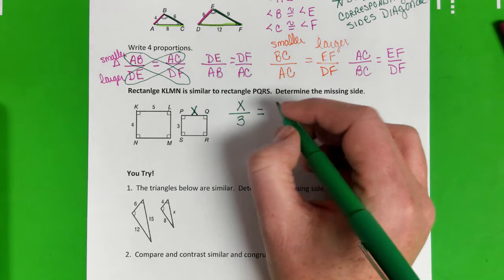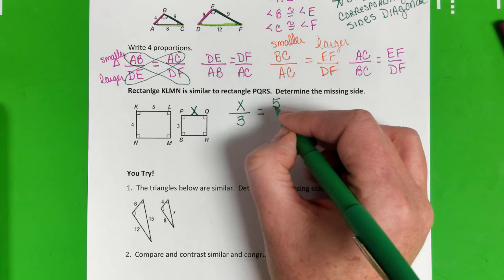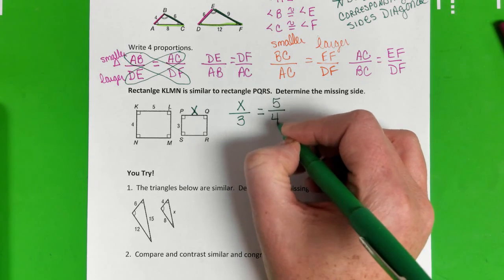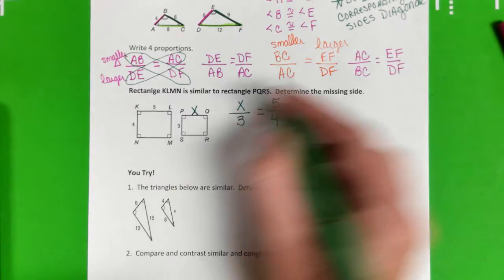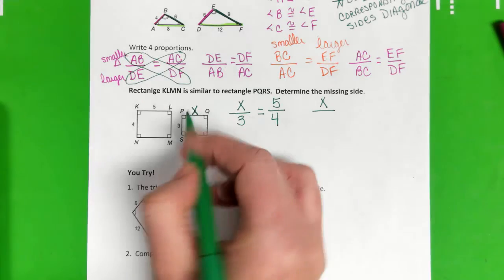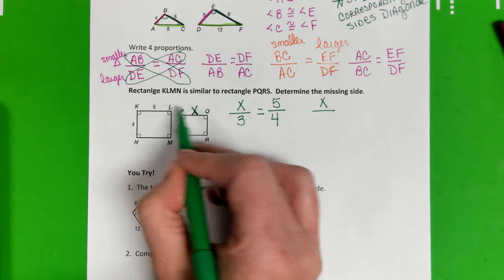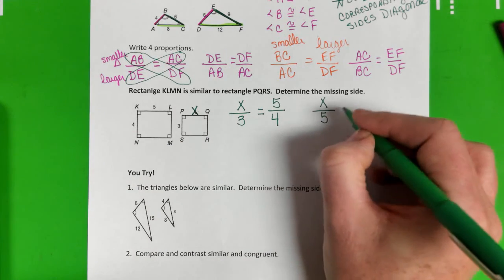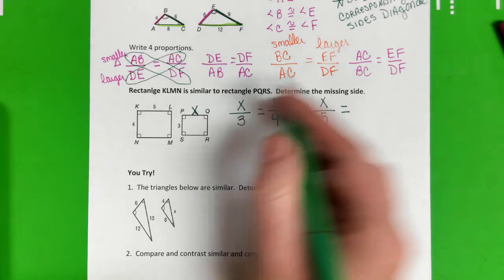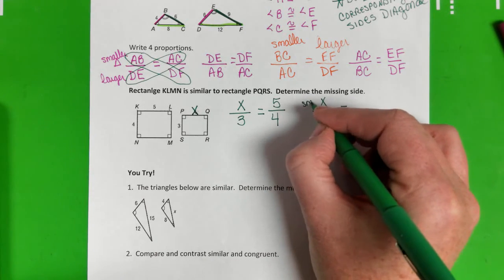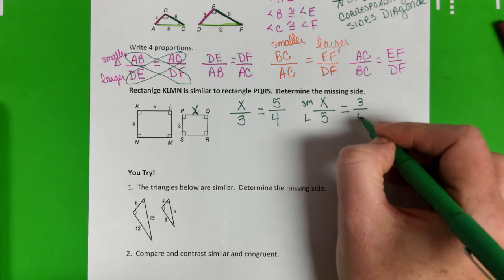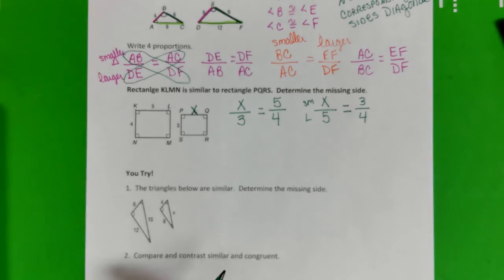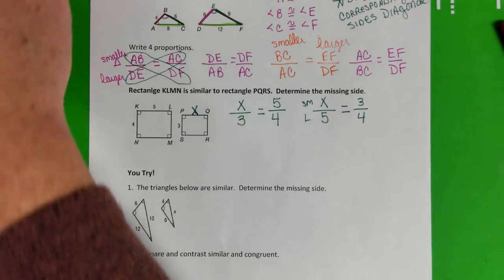So that means on the second ratio, I would need to write 5 over 4. That's one possible way. We could also do X over, okay, what goes with X? What corresponds? 5 equals, okay, now this was the smaller rectangle and this is larger, 3 over 4. So either way is going to work. There are several other ways we could do it too.